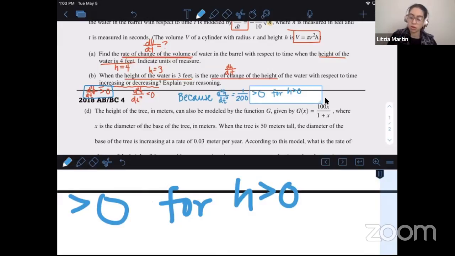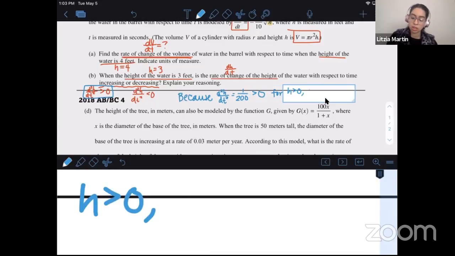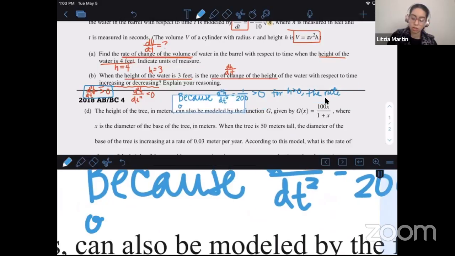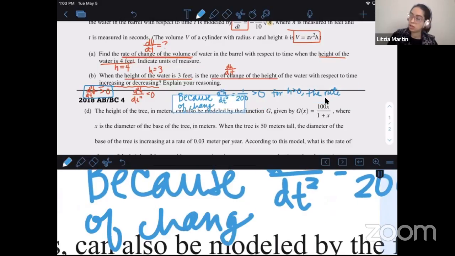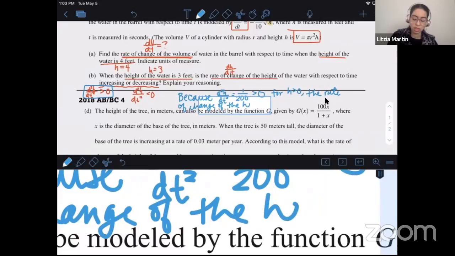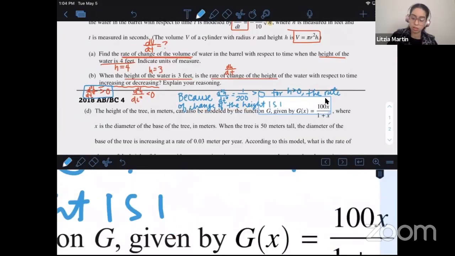So for h greater than 0, the rate of change of the height is increasing.